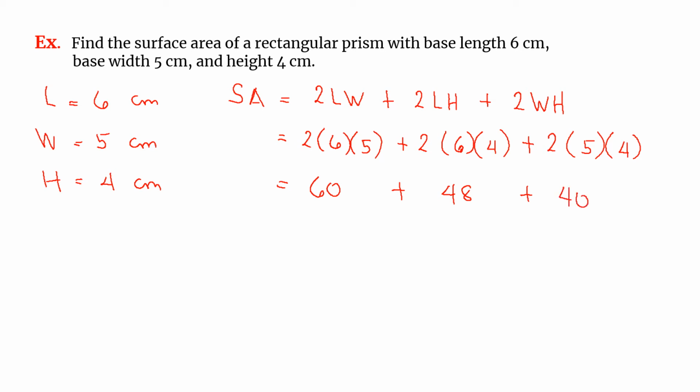Or 5 times 4, 20 times 2. The answer is 40. So adding all of this, 60 plus 48 plus 40 will give us a sum of 148. And since ang unit of measure na ginamit ay cm, so lagyan natin ng cm, then to the second power. And this is our surface area on this problem. Ayos?